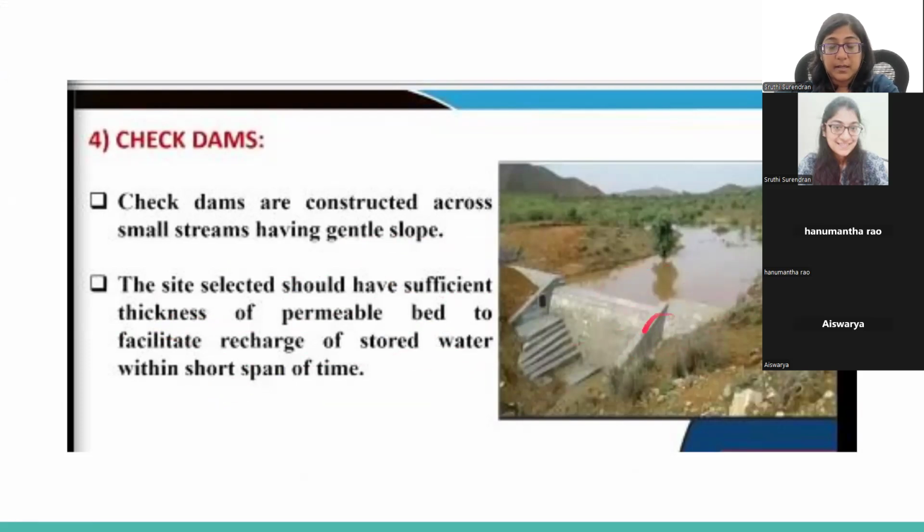If the soil there is less permeable, the water is just going to stay there accumulated, and there is not much recharge. So to accumulate the water flowing through gently sloped streams, the bed of the stream also needs highly permeable soil. Those are the two key points in this kind of structure.